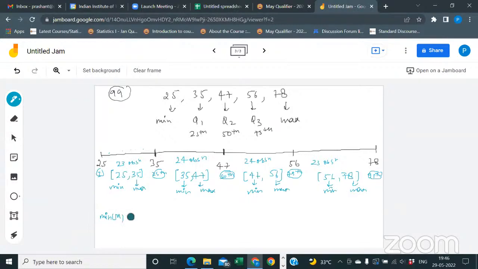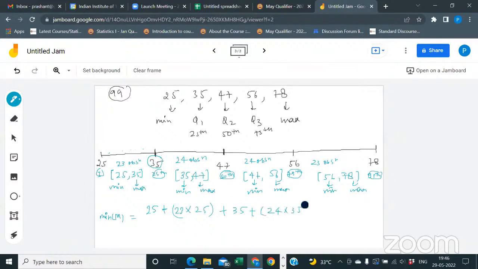Minimum: the first observation is 25, plus 23 into 25. See, first I'm finding the minimum, so there are 23 observations which are 25. So 23 into 25, plus this observation 35, plus 24 into 35.